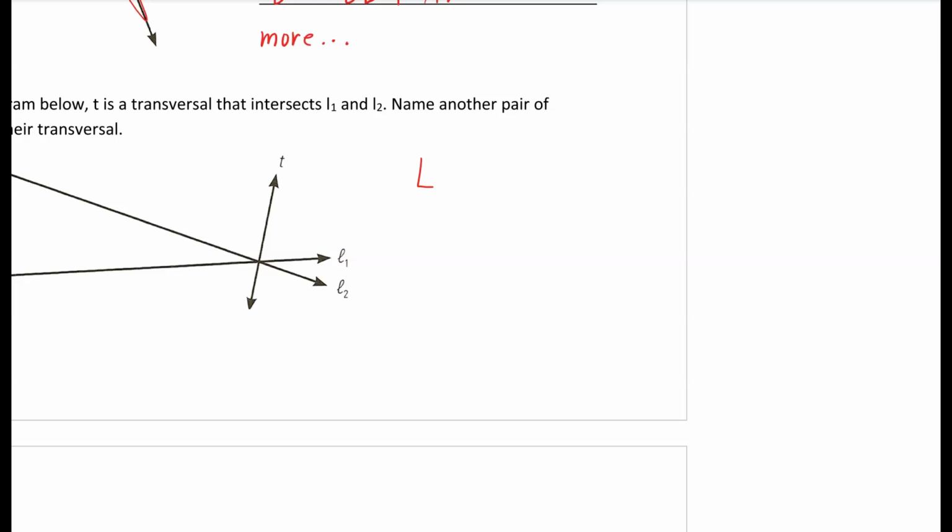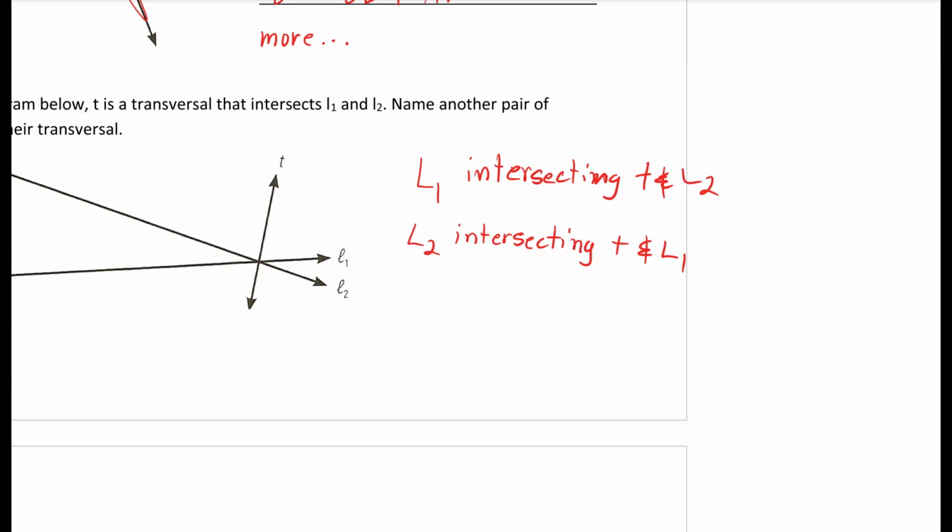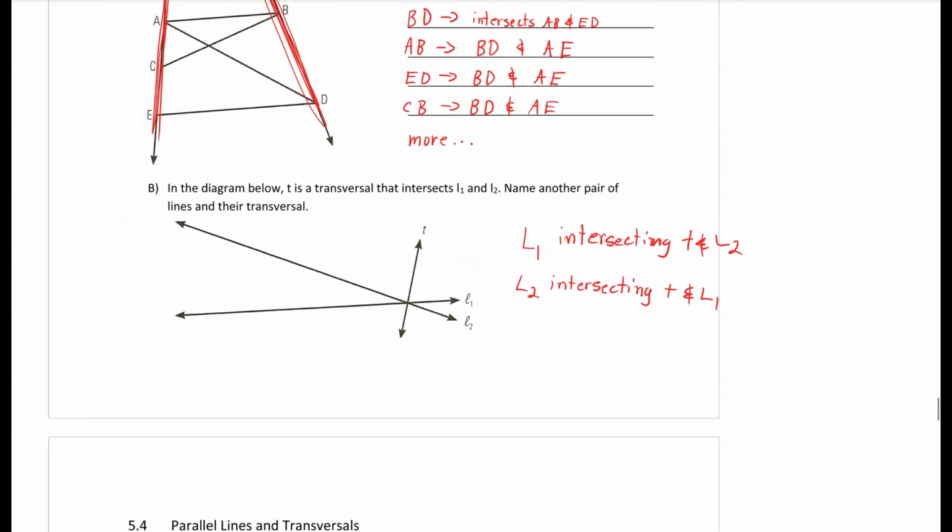We could really have L1 intersecting with T and L2, and we could have L2 intersecting with T and L1. This goes to show that it really depends on how the lines are listed in what determines the transversal.